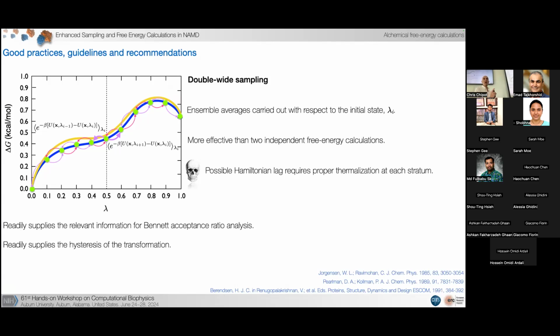It's not half cheaper, because you still have to do 3 energy evaluations: the evaluation for this value of lambda, plus delta lambda, and lambda minus delta lambda, which is still cheaper than doing all the way in one direction and all the way in the other direction. And that we have also in NAMD, if you're interested.